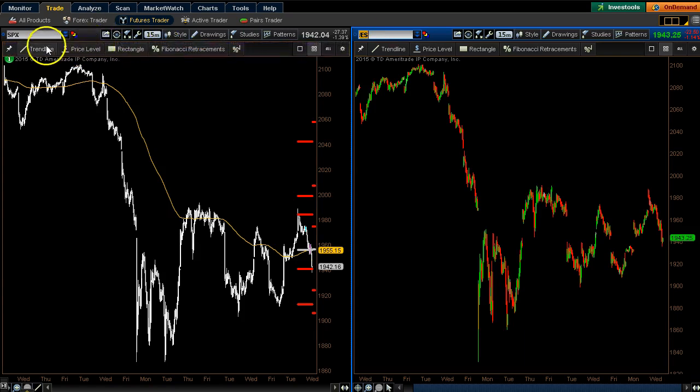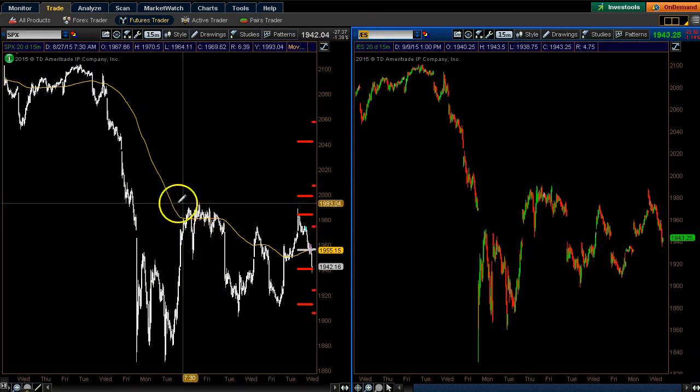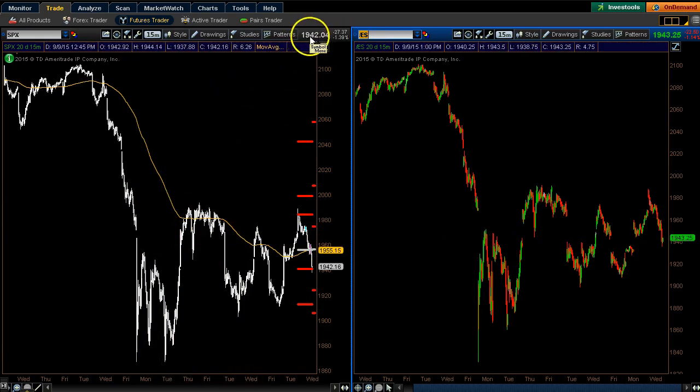Right here on the chart, on the left-hand side, we have the SPX, and then we have the E-mini S&P futures. As you can see, they're pretty much exactly the same chart. But if you look right here, you will see that the SPX is at 1942.04, while the E-minis are at 1943.